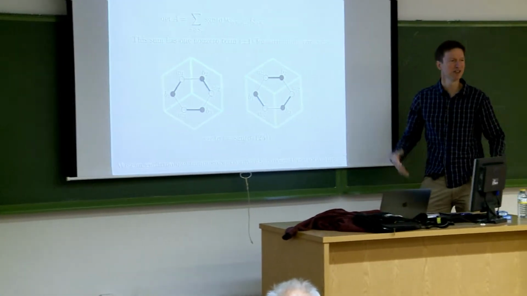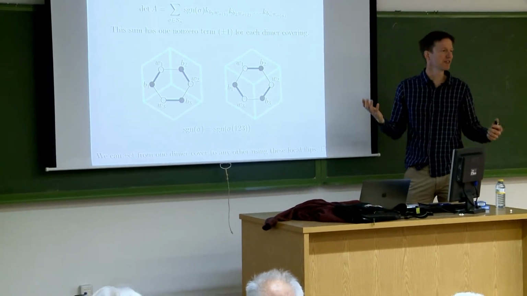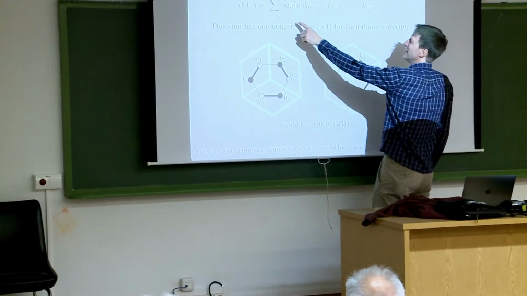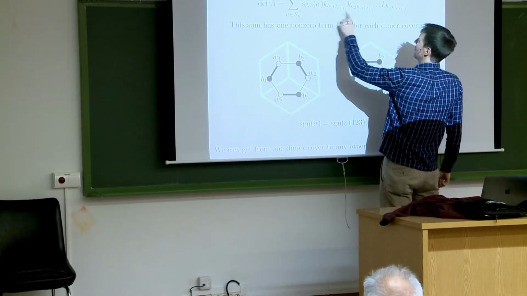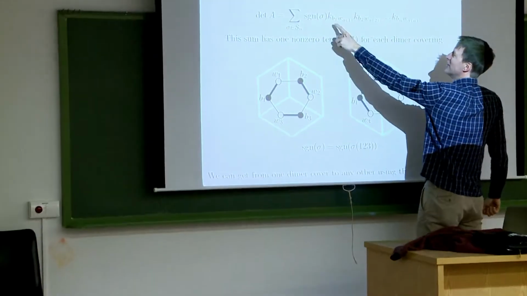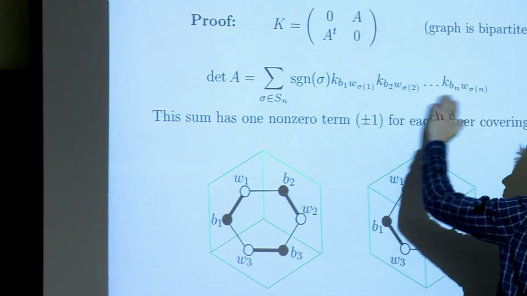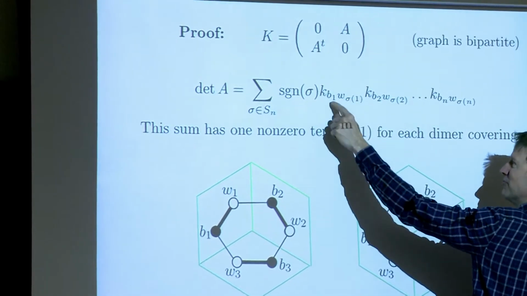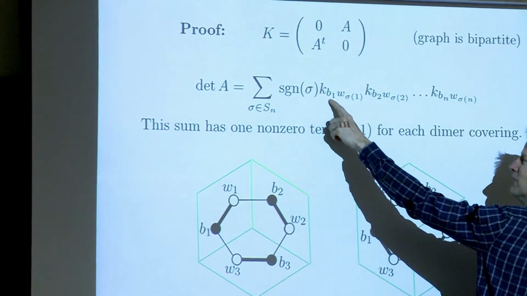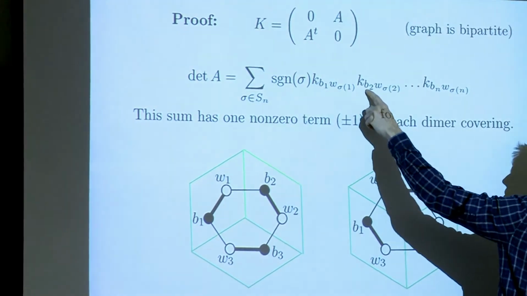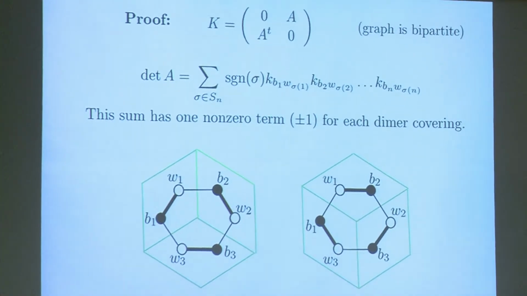What's that expansion called? Laplace expansion, or I don't know. Anyway, expanded over the symmetric group, and look at all the terms. Each term here is 1 or 0, and the term is going to be 1 if and only if vertex B1 is adjacent to vertex W sigma 1, vertex B2 is adjacent to vertex W sigma 2, and so on.